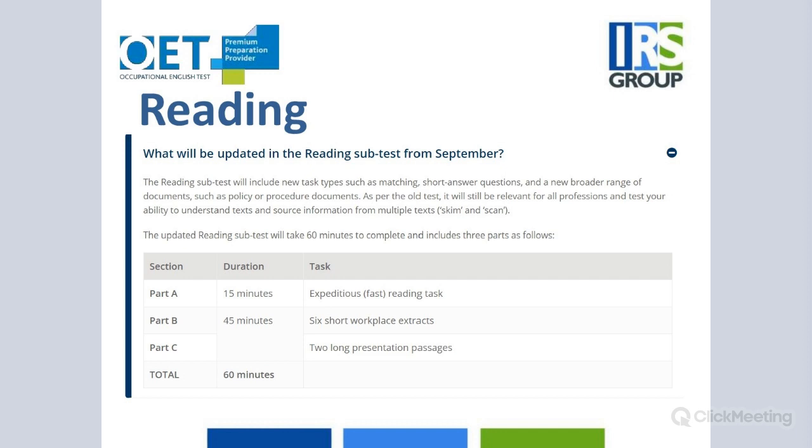As we discussed with listening, in reading we also have three parts: part A, part B, and part C. In part A, you will have 15 minutes. This is the one thing you really need to work on when you do reading.